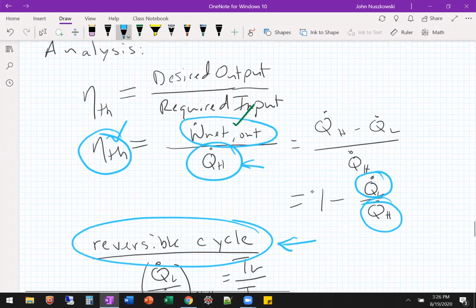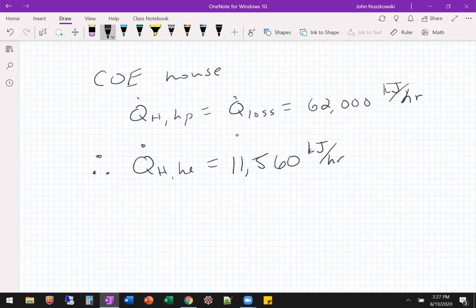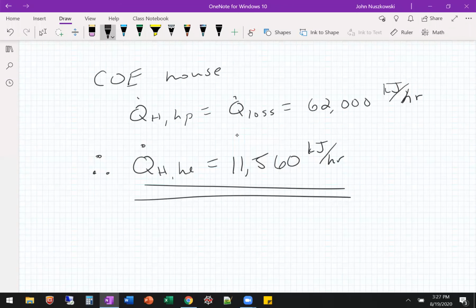We have work net out of the heat engine and the thermal efficiency, so we can use this equation to solve for our Q dot H minimum that's supplied to the heat engine. Going through all that, we get 11,560 kilojoules per hour. Any questions?